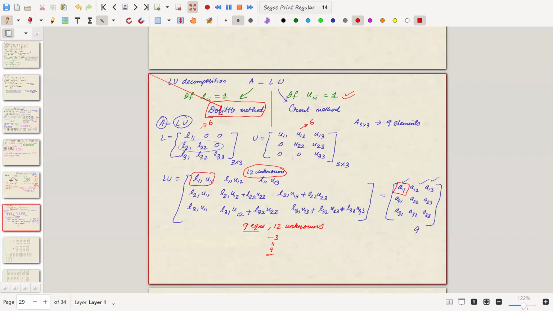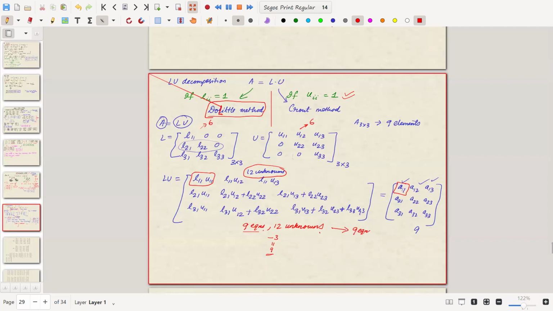So how many unknowns do you have? Again 9, because 12 minus 3 elements you will have on the upper triangle. So 9 equations and 9 unknowns. You can solve it. Can you see why we introduced Doolittle and Kraut methods? Because if you don't use those methods, you cannot solve it.